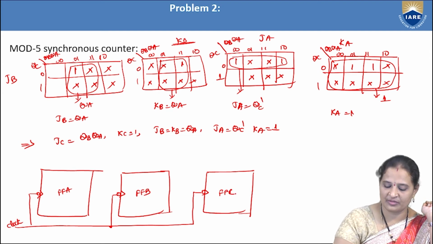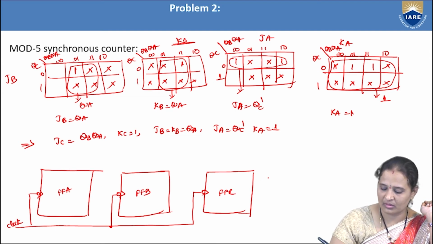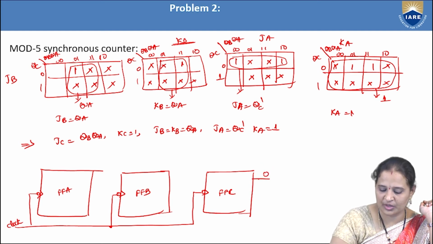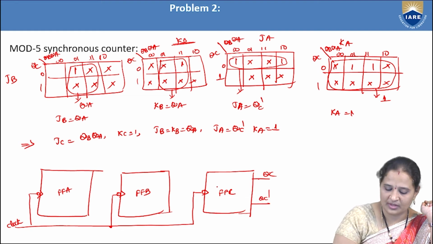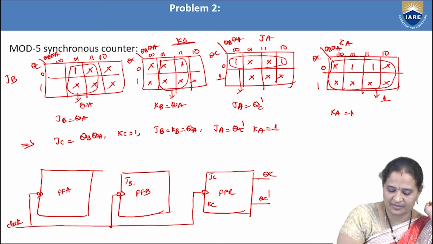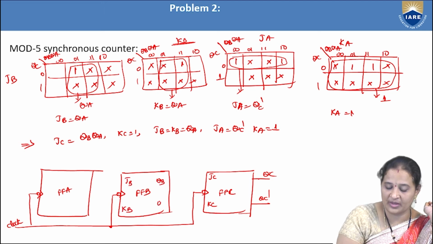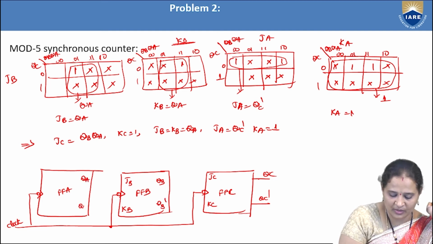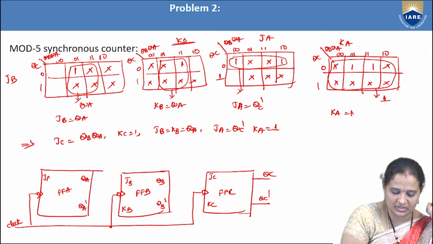So we have the QC and QC complement. The inputs are JC, KC, and this is JB, flip-flop B, right? JB, KB, and this is QB, QB complement. This is QA, QA complement and the inputs are JA, KA.